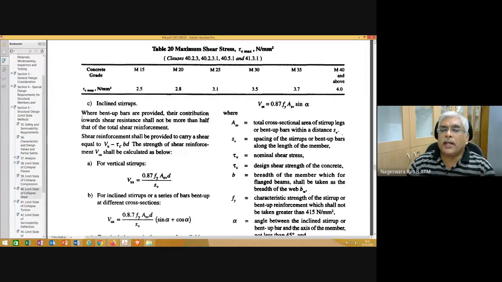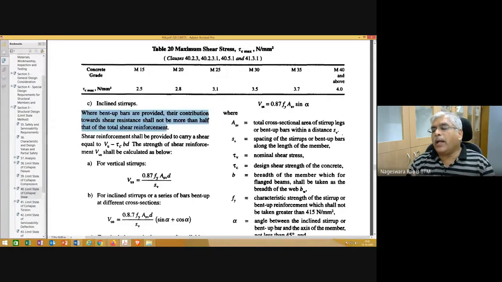When there is a combination of bent up bars and vertical stirrups, first of all, we are providing shear reinforcement when tau v exceeds tau c, and then let's assume that the difference tau v minus tau c we are taking care of using a combination of bent up bars and vertical stirrups.